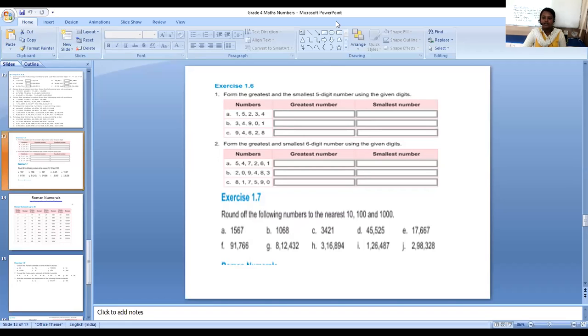So here I will explain how we can form the nearest of all. So here I'll write the number, that is 1567.